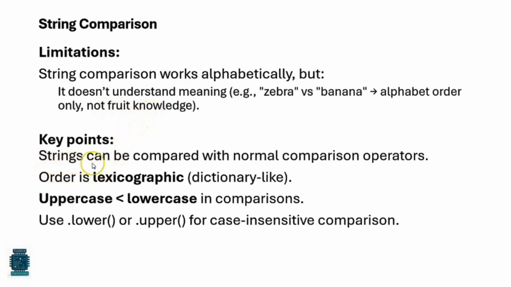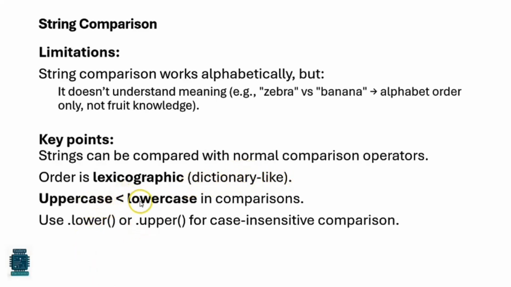Got it? Strings can be compared with normal comparison operators as I told you: equal to, not equal to, less than or equal to, greater than or equal to. These are all the comparison operators to compare two strings. Order is lexicographical, that is dictionary order.